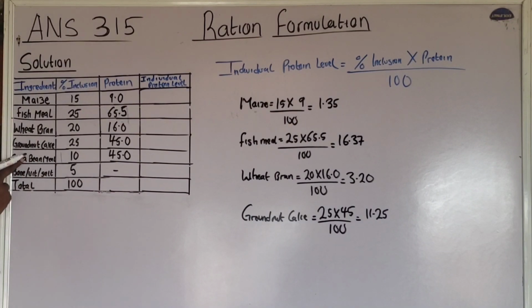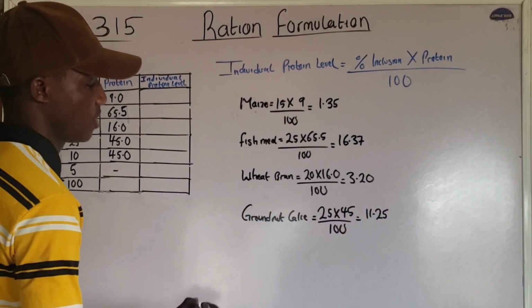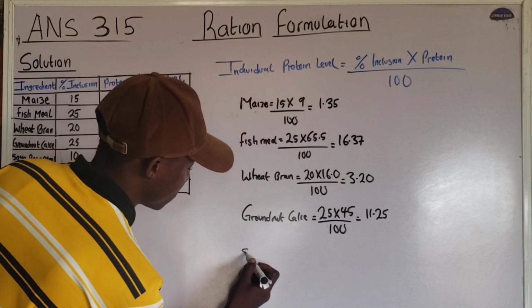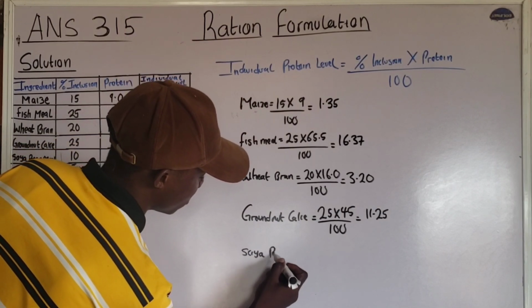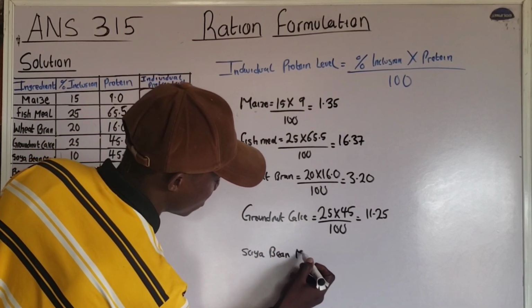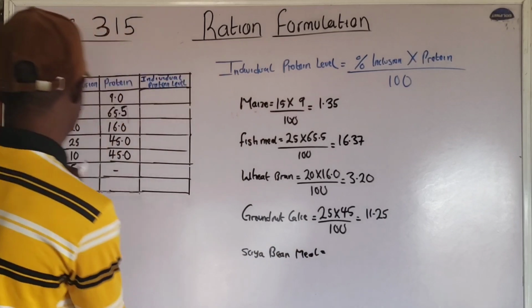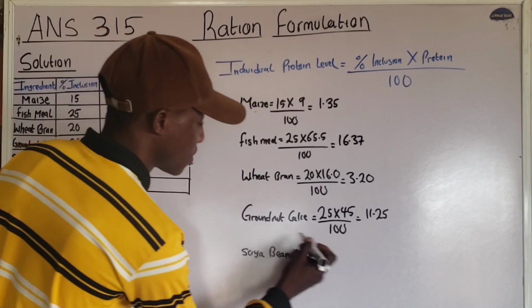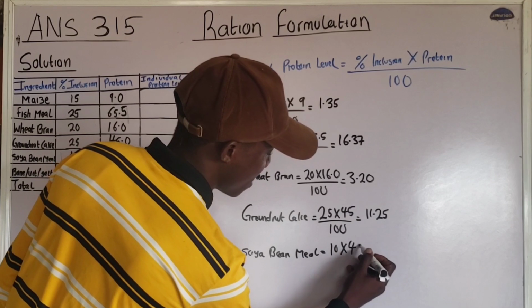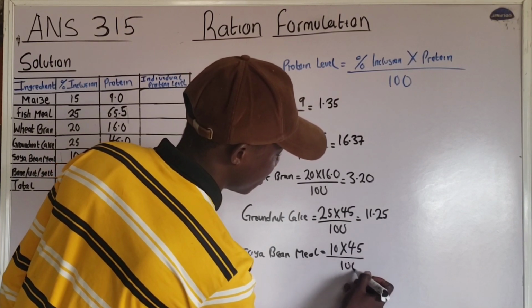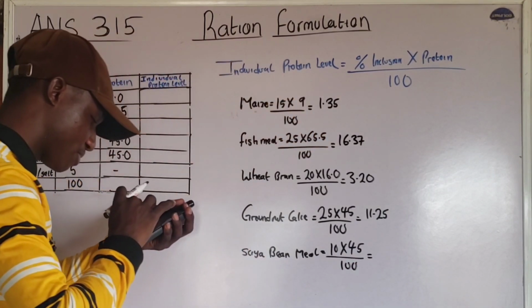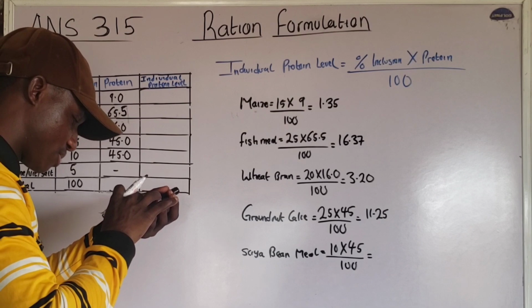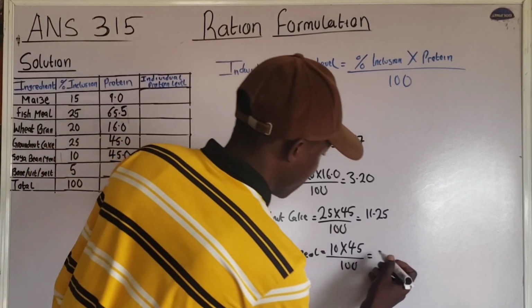After groundnut cake, we have soybean meal. For soybean meal, we are going to have 10 multiplied by 45 all over 100. So here I'm going to have 4.5.